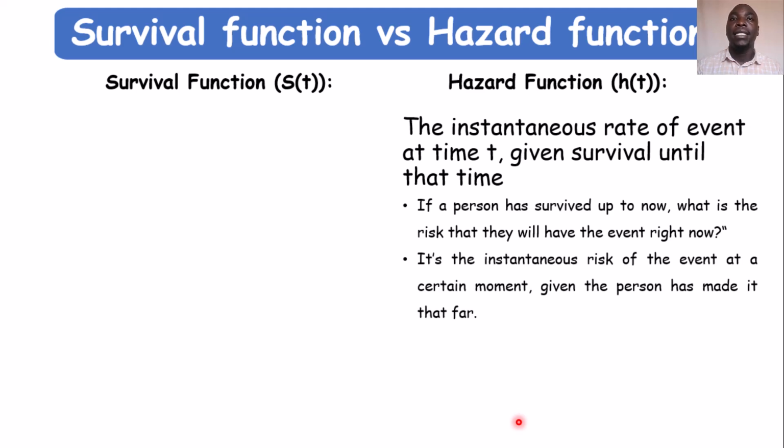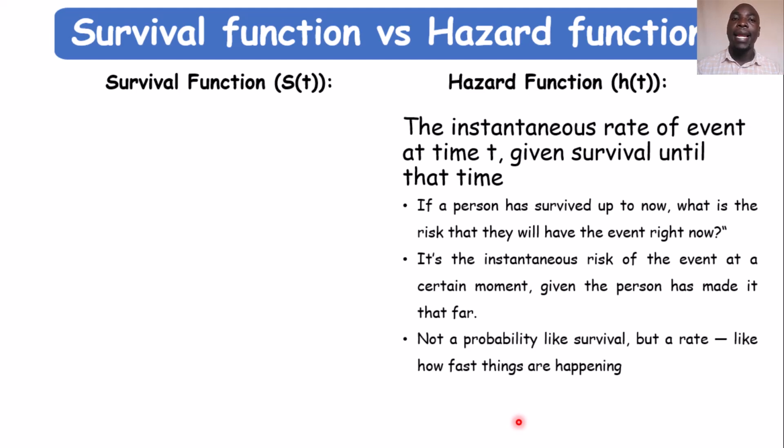So it is the instantaneous risk of the event at a certain moment, given the person has made it that far. And unlike the survival function, this is not a probability, but instead it is a rate. It is showing us how fast things are happening.